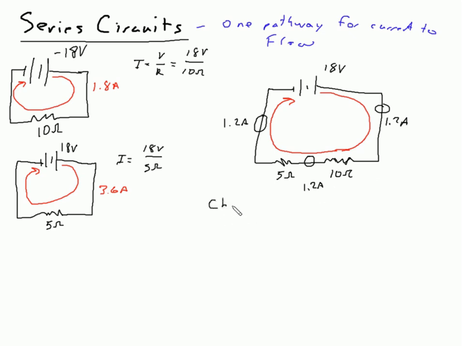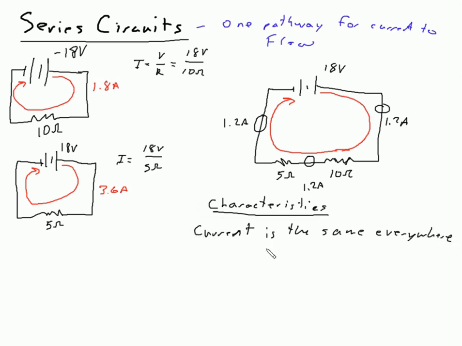And so we'll use this as our first characteristic of the series circuit. So we say that the current is the same everywhere in the series circuit.